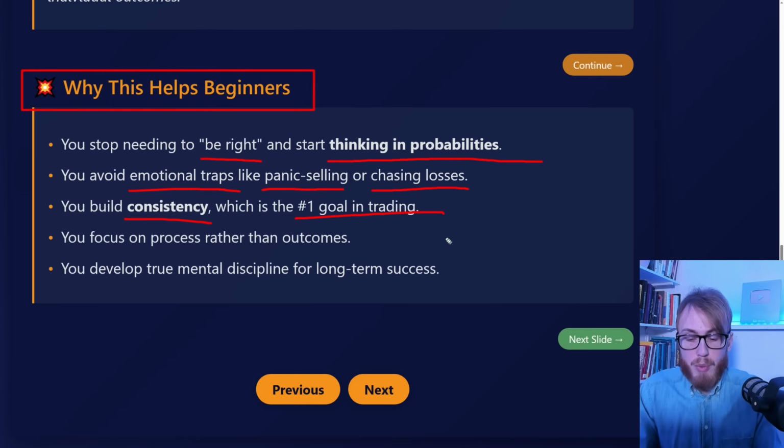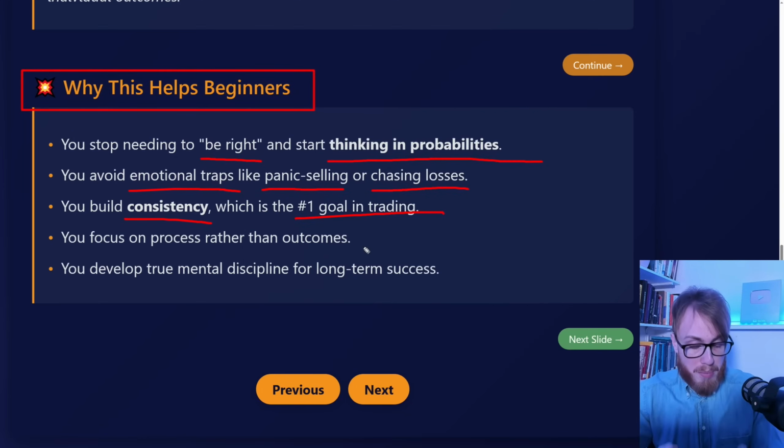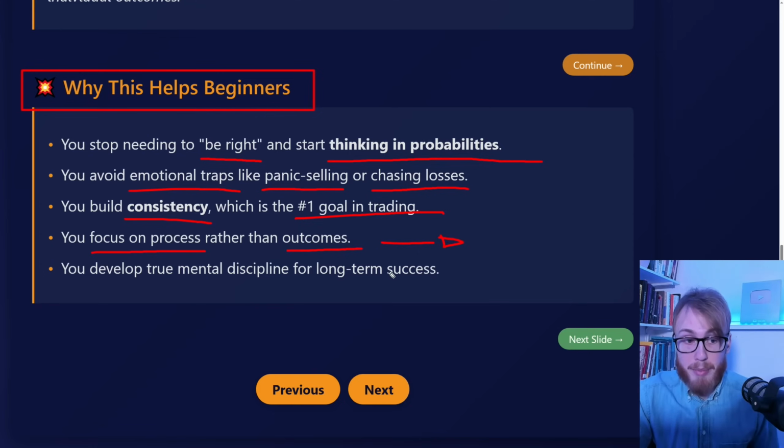You will also build consistency, which is the #1 goal in trading. As traders, if we want to be consistently profitable, the key word is consistency. Here, also very important, focus on the process rather than the outcome. This principle, by the way, can be applied to pretty much all things in life, in my opinion. You want to focus on what's in your control.